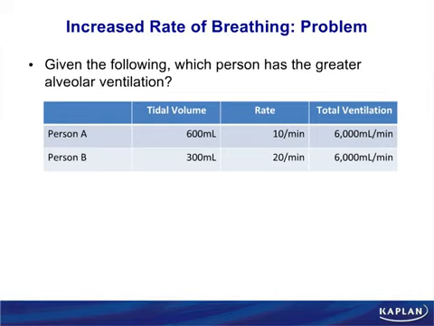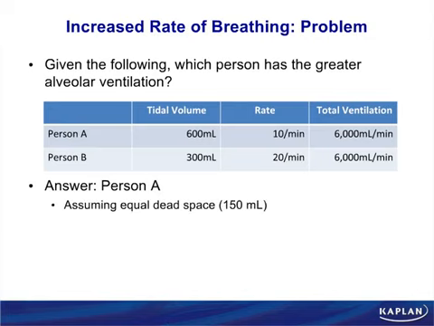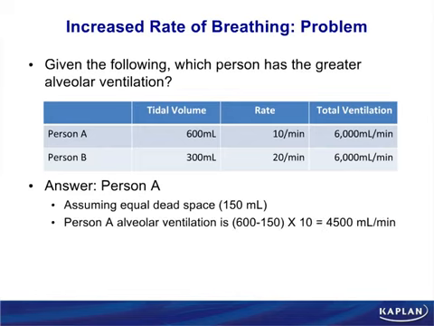If you said no and guessed right away that the tidal volume is going to have a greater one, absolutely. Let's go ahead and calculate it. Person A will have a greater alveolar ventilation. Let's assume that dead space is equal to 150 in both. Person A therefore has an alveolar ventilation of 4.5 liters per minute.